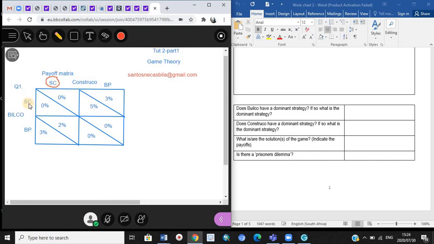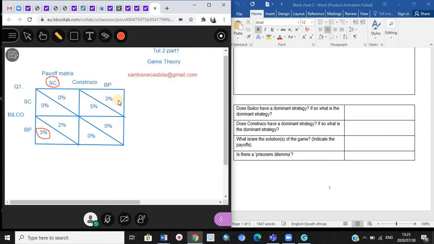Is he going to choose also shopping center, or is it good for him to choose the business park? In fact, it's good for him to choose the business park, because he's better off. Attention, we are not saying that this is the dominant strategy. No. We are saying that it's good for him choosing business park if Construco is choosing shopping centers. Very good.